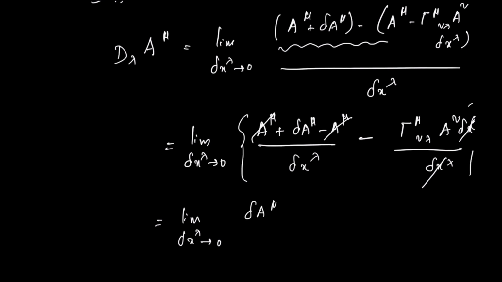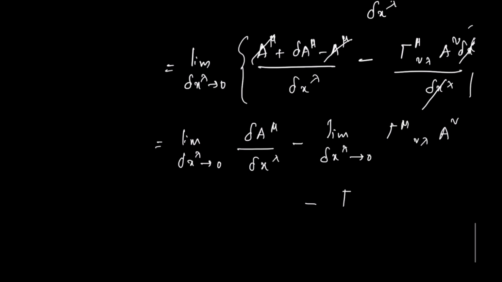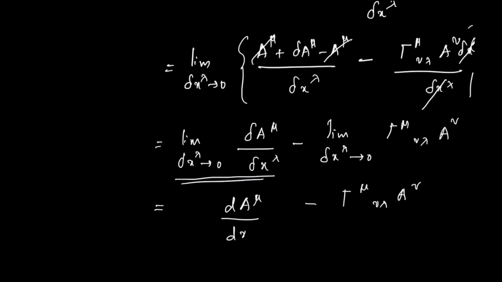So we get delta A mu by delta x lambda minus the limit of the Christoffel symbol mu nu lambda A nu. Here the delta x lambda term is not present, therefore the second term is simply Christoffel symbol mu nu lambda A nu. And the limit of delta A mu by delta x lambda is the total derivative dA mu by dx lambda.